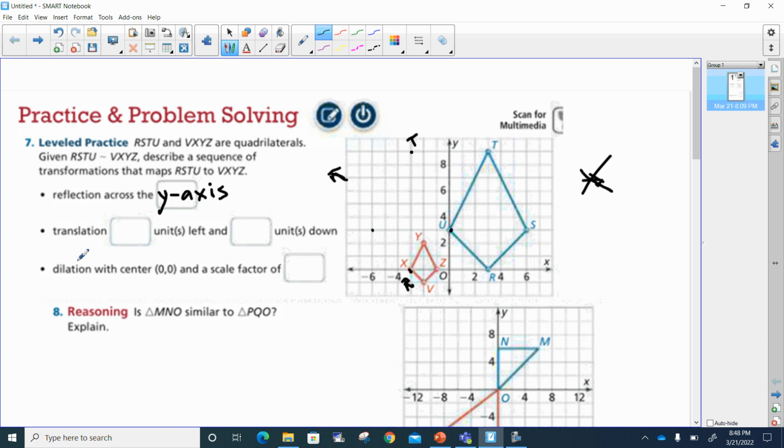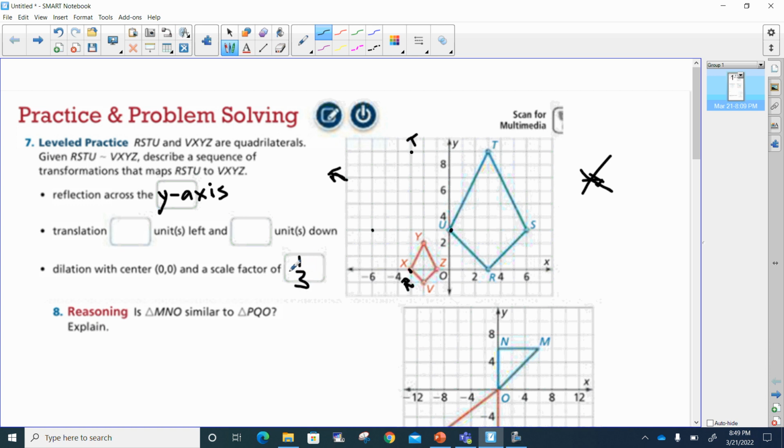Remember, at the end, it says dilation with center at 0 and a scale factor of... So that means what's the scale factor? We're talking about 1, 2, 3. This is 3 units high here. Over here, this one's 1, 2, 3, 4, 5, 6, 7, 8, 9. That means 9 divided by 3 would be 3. So this is 1/3 of this. All right, 1/3.